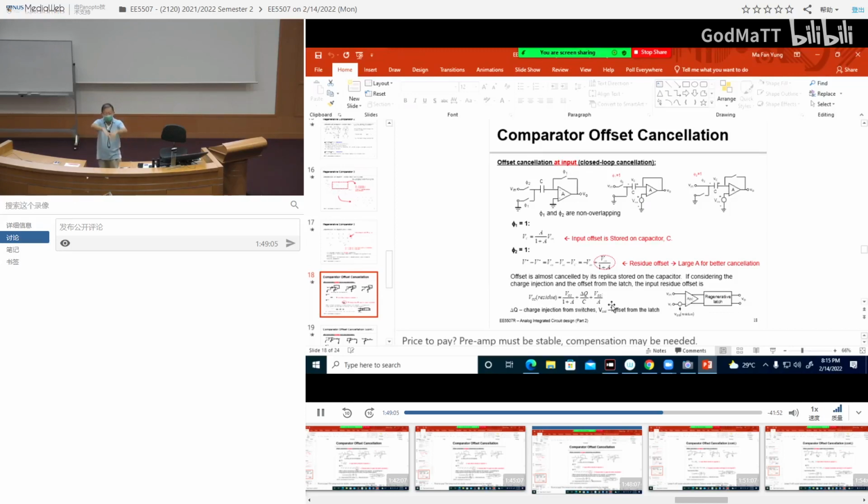Let's say the offset will be a Gaussian, with a 1 sigma value, all this. So it needs a lot of simulation time to run. The cheap and dirty way is you just don't run Monte Carlo, you just put a voltage source there. You say, now I think there's a 10 millivolt offset between M1 and M2, so I put a 10 millivolt voltage source in the M1 gate or whatever, to model the offset.